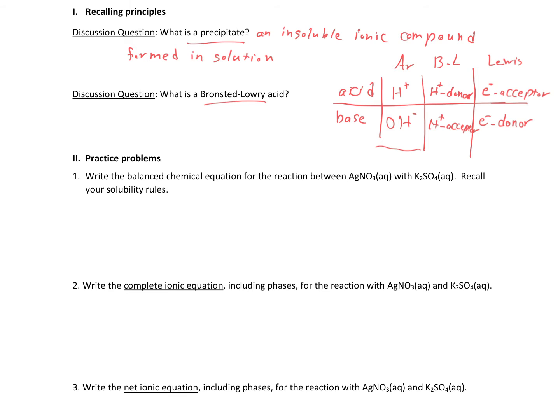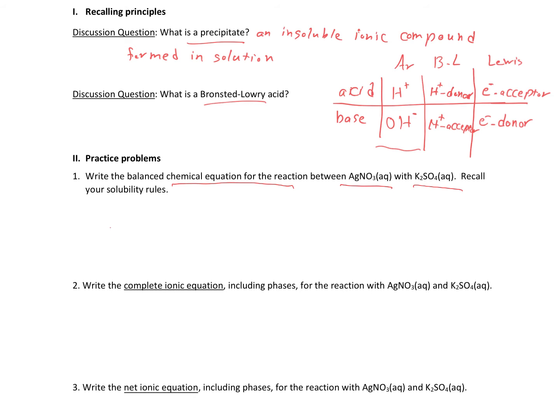Okay, so practice problems. We've learned how to write chemical equations, how to balance them. The first one is a precipitation reaction. So we have these two ionic compounds and we want to write the balanced chemical equation for this reaction.